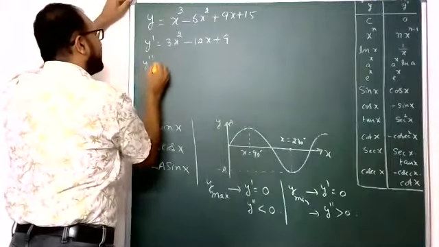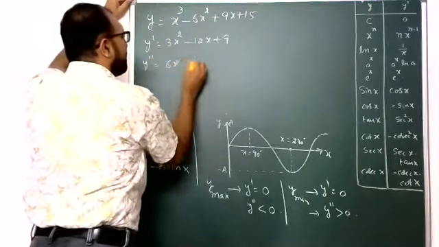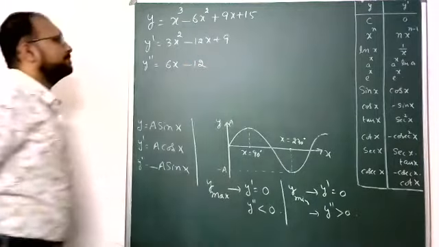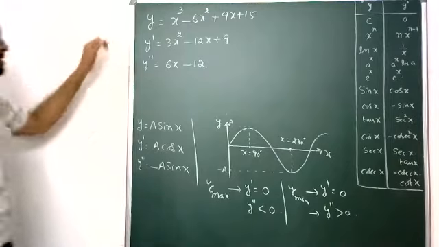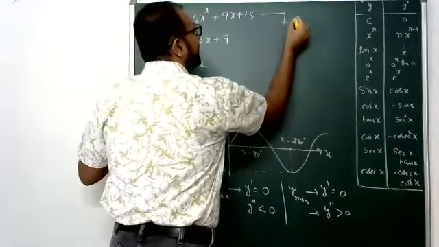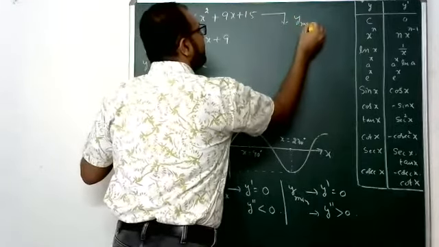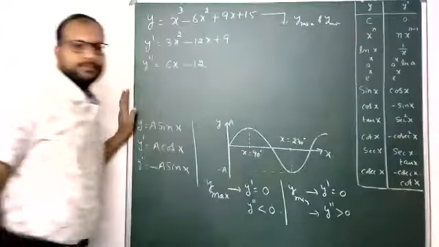And the second derivative, 6x minus 12. Now, suppose for this function, find the maximum and minimum is the question.